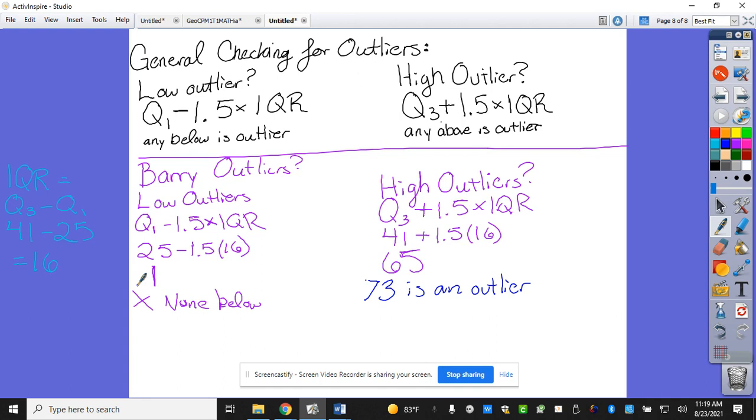As long as you're conveying the fact that you are checking for this, I don't care if you do that or write it, whatever. Alright, so we definitely have justified 73 as an outlier.